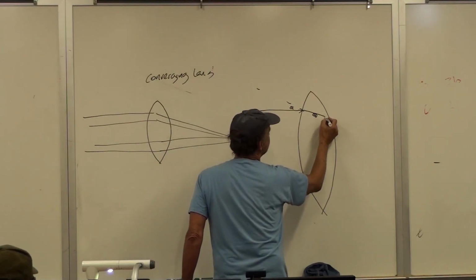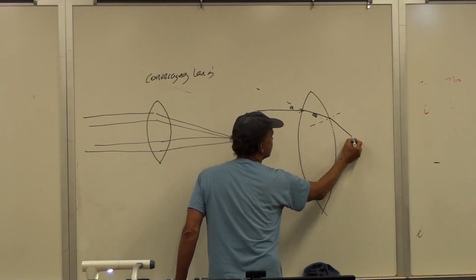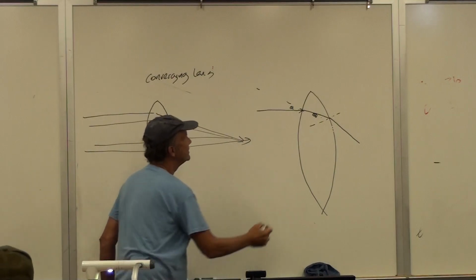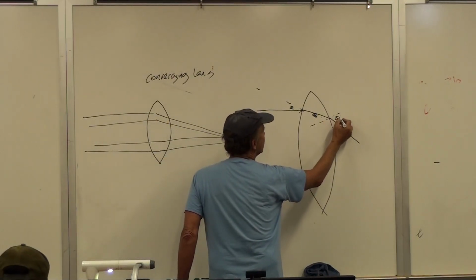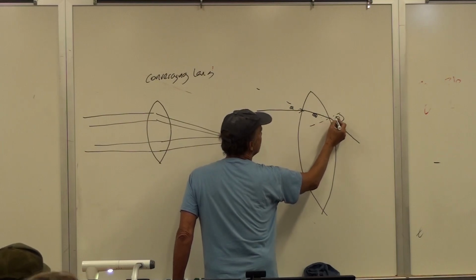And then when it comes here, here's your new normal, it bends away from the normal when it's going from more dense to less dense. So that bends it again in that same direction, so that this angle here, theta 3, is greater than this angle here, which is theta 2.